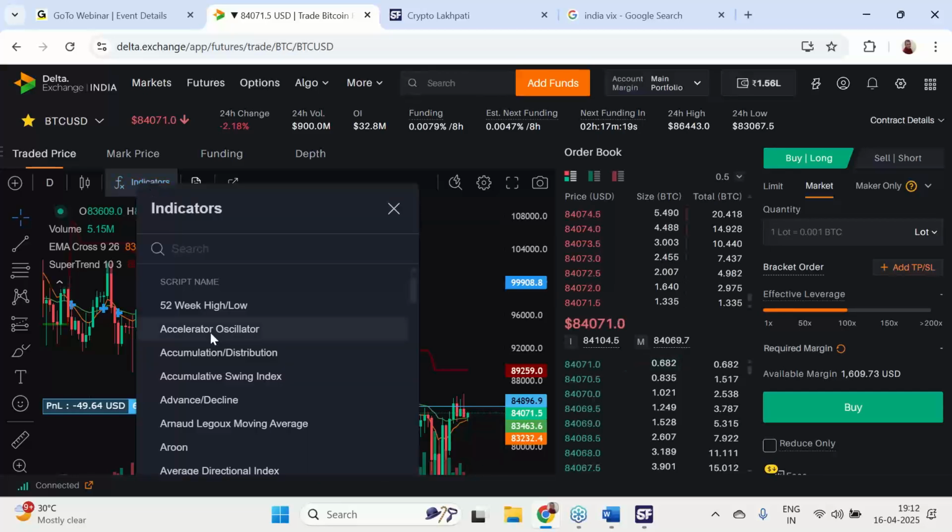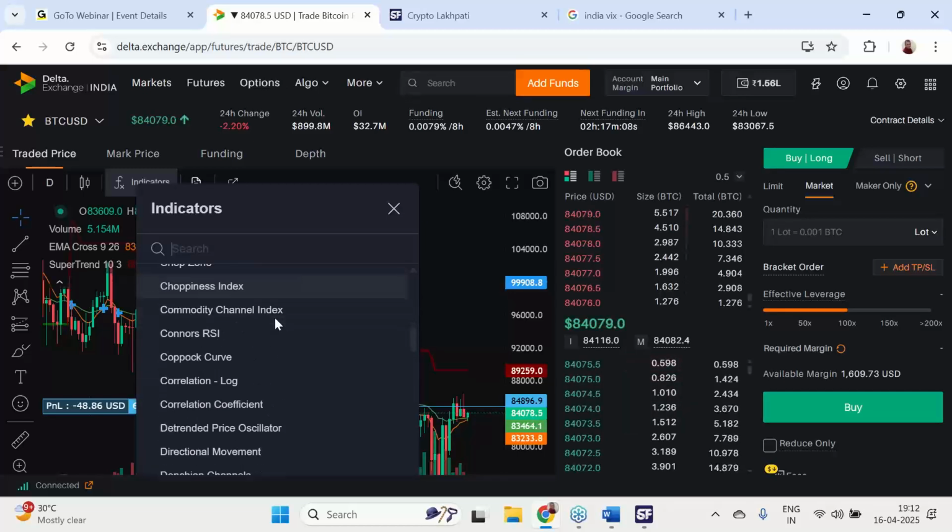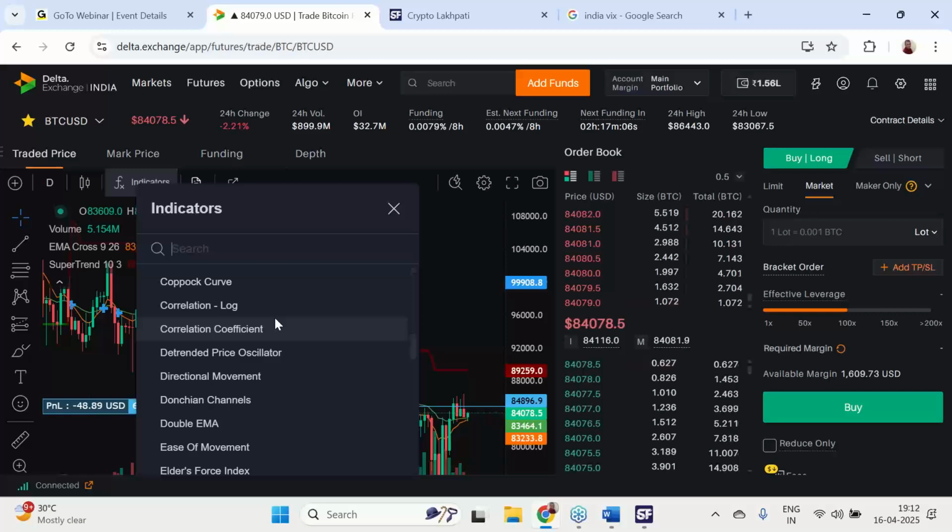But many of the other indicators you are seeing may not work. Average True Range, ATR, will work. Those indicators that came afterwards will work properly.